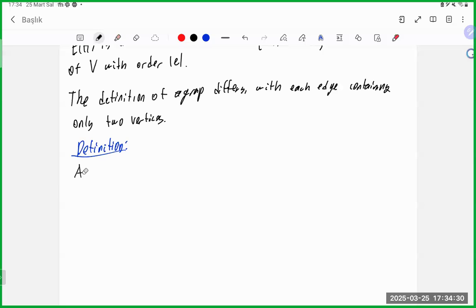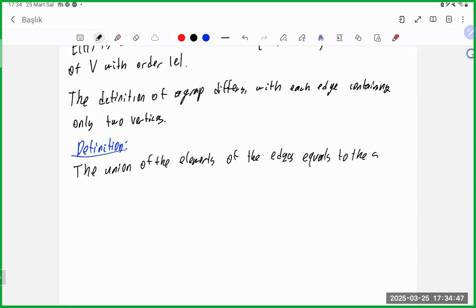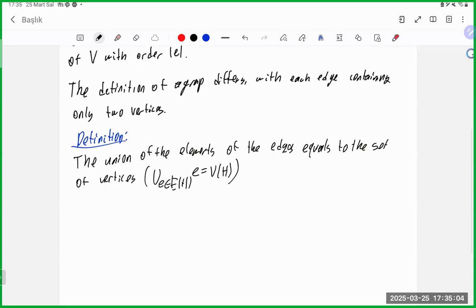Formally, the union of the edges must equal the set of vertices. So we can't have a vertex which is not contained in any edge.